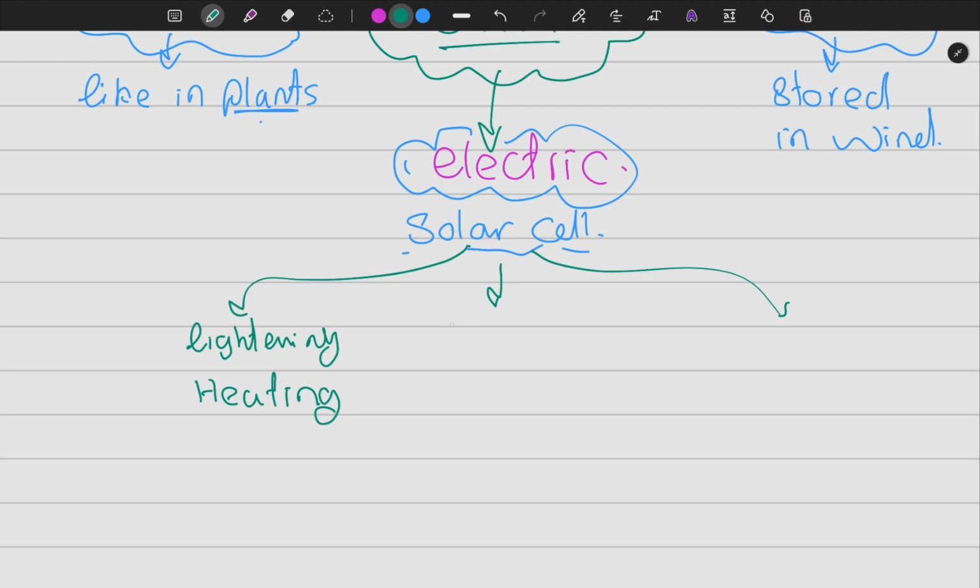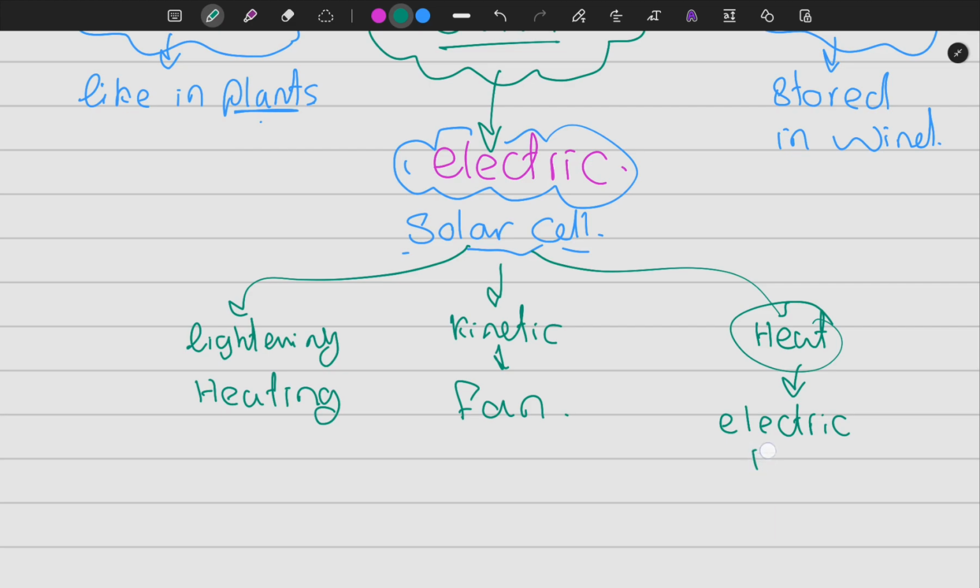Electric energy can be transferred to kinetic energy, like in an electric fan. We can also transfer it to heat, like in the electric heater. Okay, it's easy peasy.